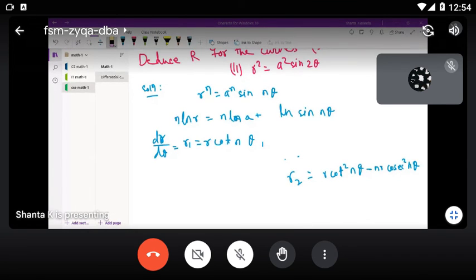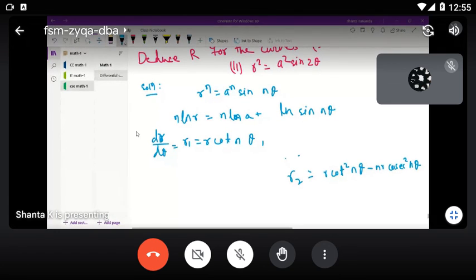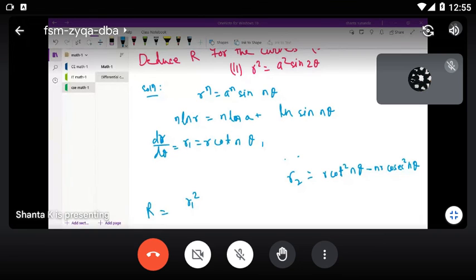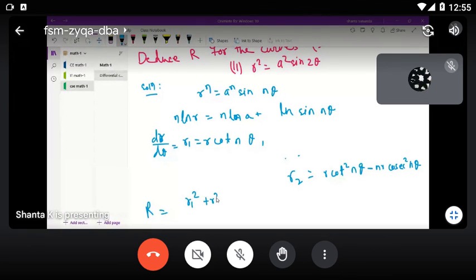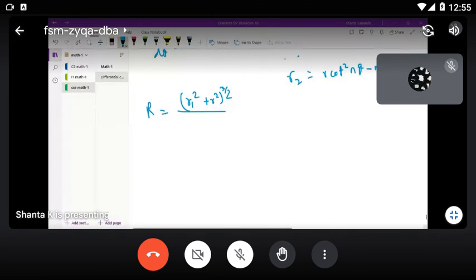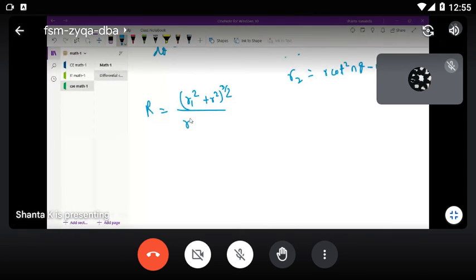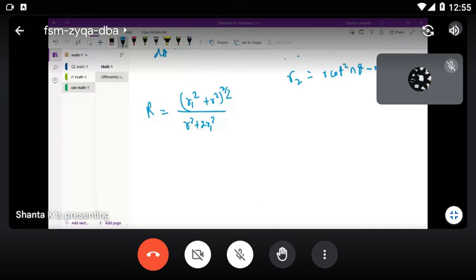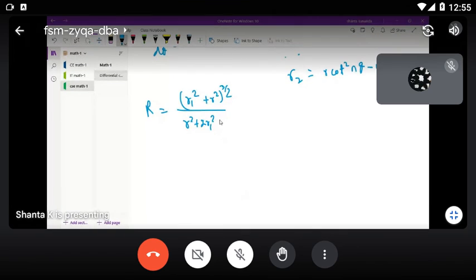Now once you have this, for the radius of curvature we have the denominator R1 squared plus r squared to the power 3 by 2, and the numerator r squared plus 2 R1 squared minus r R2.